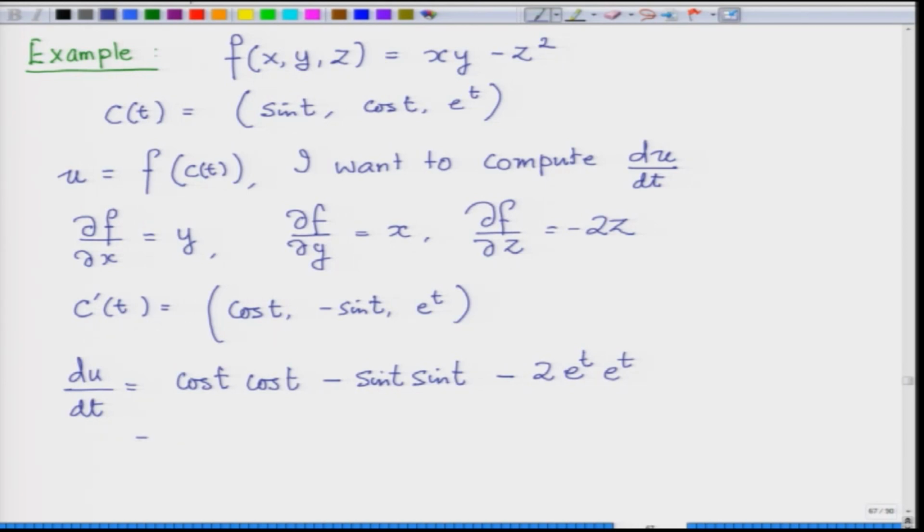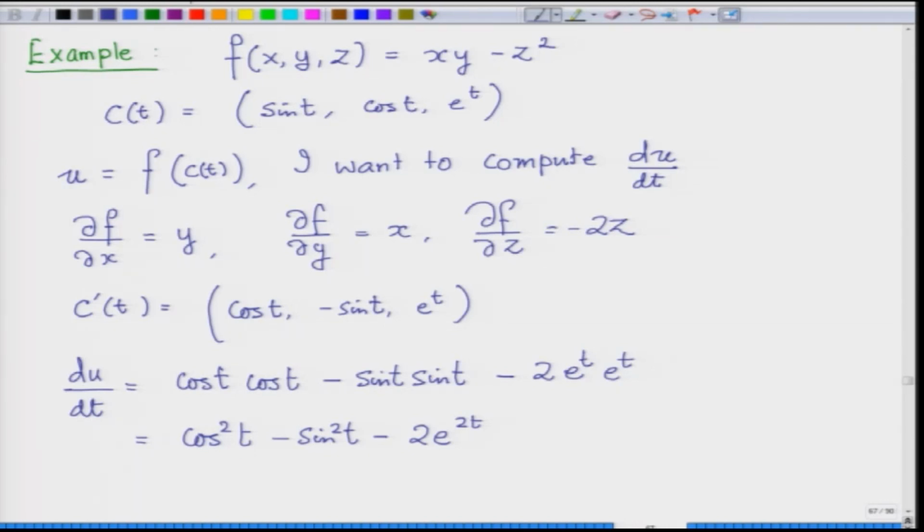So, it becomes cos squared t minus sin squared t minus 2 e to the power 2t. This is how, very simply using the chain rule, we have been able to compute the derivative of this function when x, y, z follow this pattern.